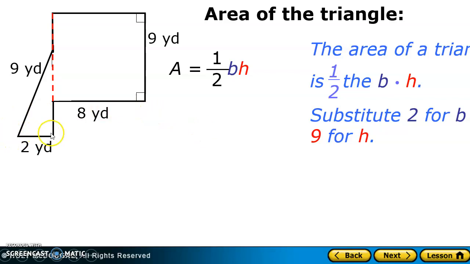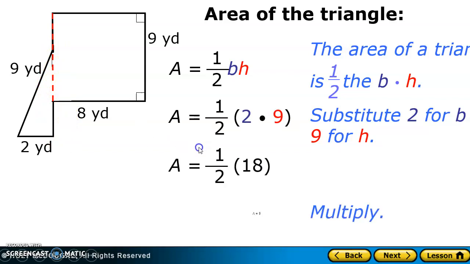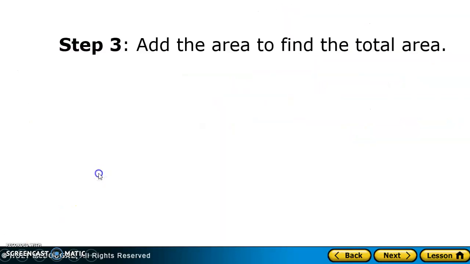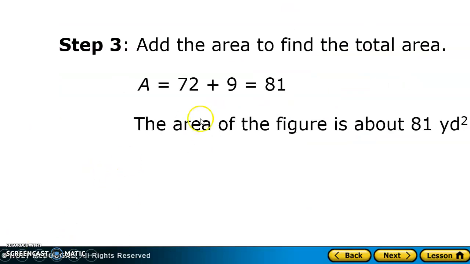The base is this down here, and the height is going to be this, which is 9. We do our calculations, and we get the area of 9 for the triangle. If we add those two numbers together, that'll give us the area of the total figure, which is 81, and don't forget your unit, yards squared.